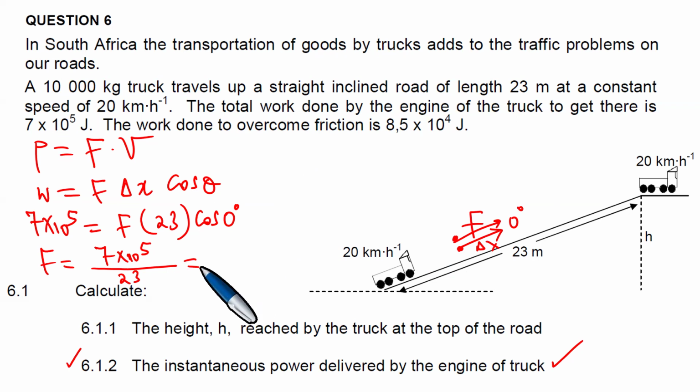If you use a calculator, you'll get exactly 3,043 times 10 to the 4th power newtons.